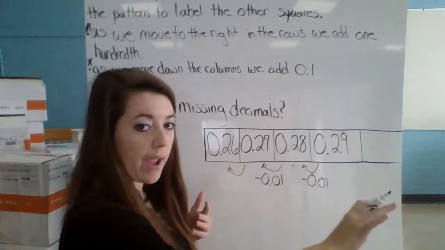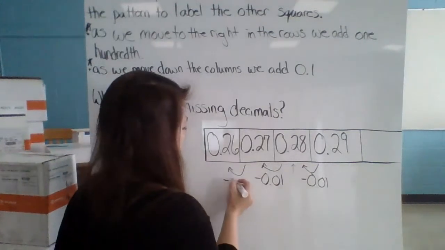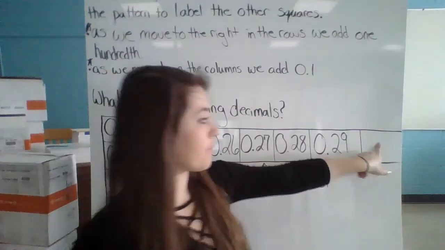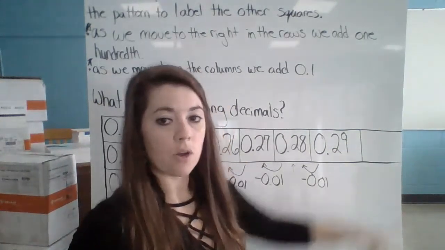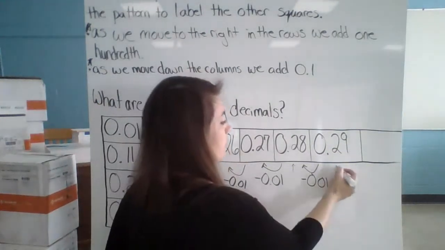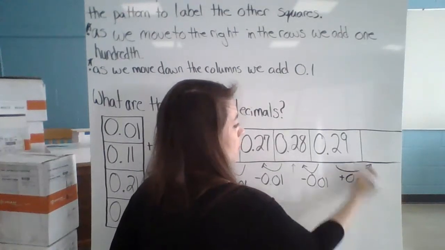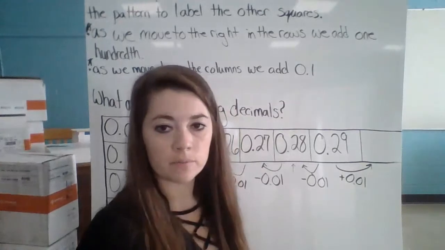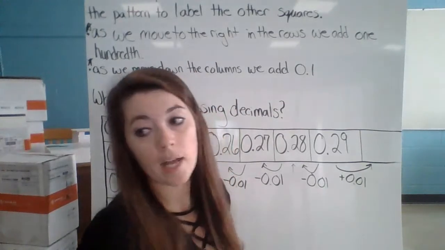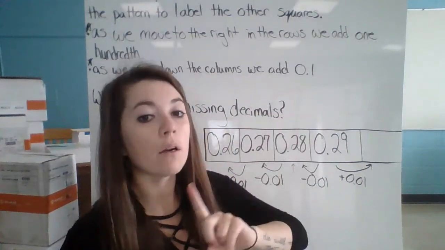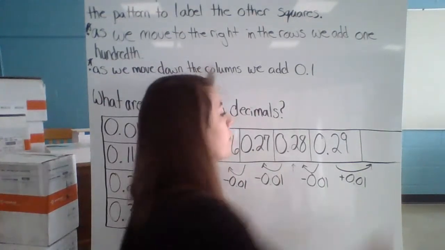If you go to the right, you're going to add. So then, for our very last box over here, 29 hundredths, we add a 100th to it. What's that going to give us? Well, if we add a 100th to 29 hundredths, that gets us to 30 hundredths, or, how do we prefer to write it? 3/10.